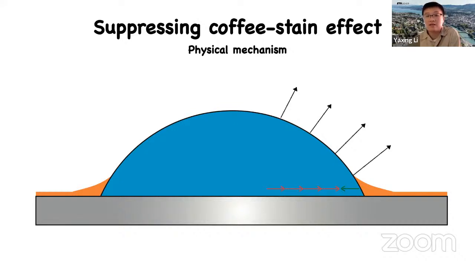So basically it suppresses the evaporation rate over there. So the flow near the contact line region even needs to go inward because the droplets become flat. And this way, we can very well suppress the outward radial flow. So that leads to more homogeneous distribution.